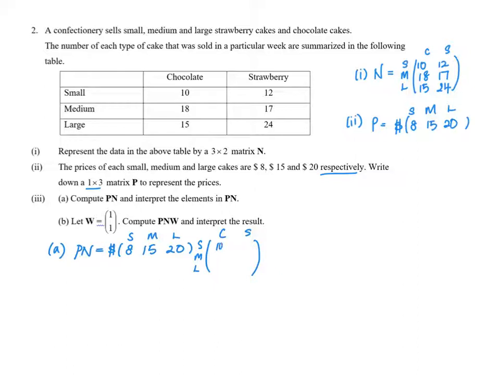So 10, 12, and 24. And we will be able to get PN to be 1 row, 2 columns, chocolate and strawberry.